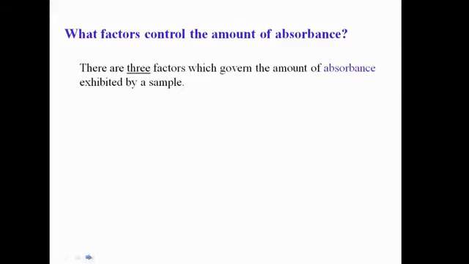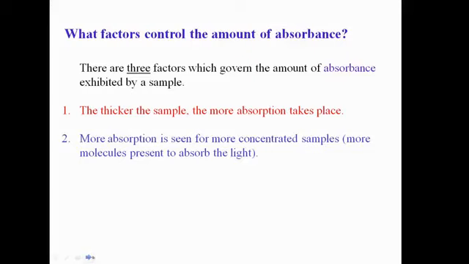So what we're interested in is what's going on when that incident radiation goes in, I0, and then some of it's absorbed, and it comes out as having an I value. So there's three factors that will govern the amount of absorbance. We're going to put these very qualitatively first. The thicker the sample, the more absorption. That basically means how big an amount is in the cell, if you like. It's a bit unscientific there. And also the concentration of the sample.